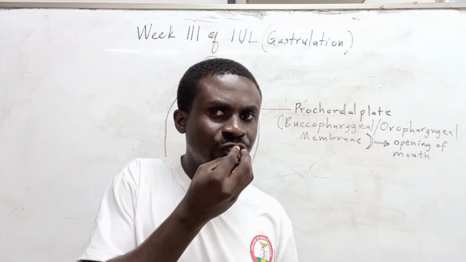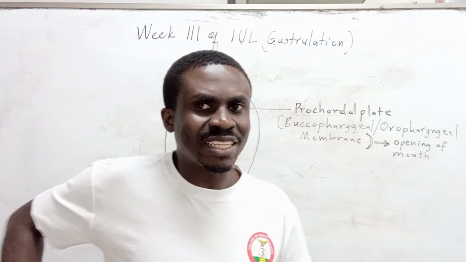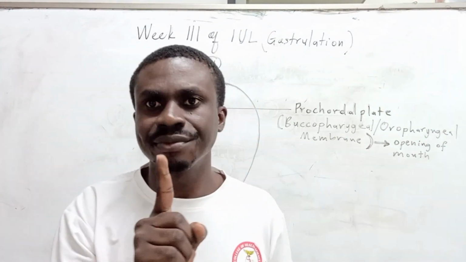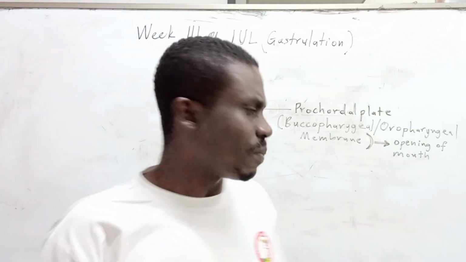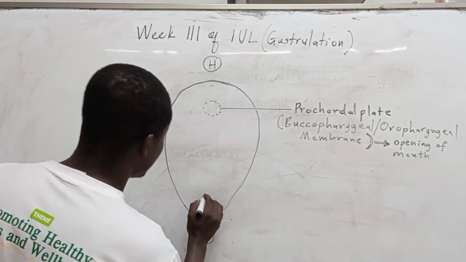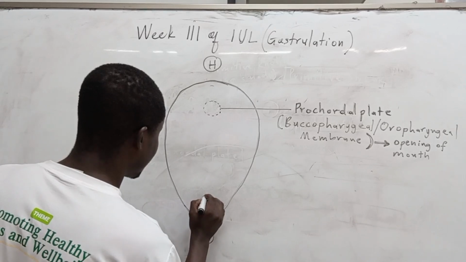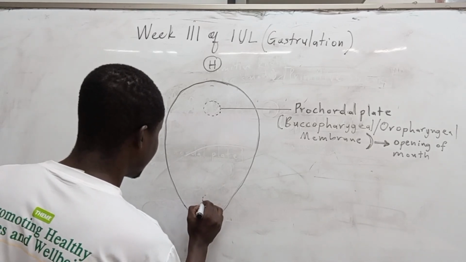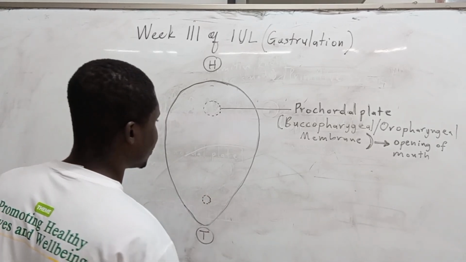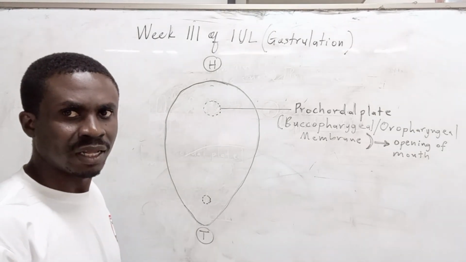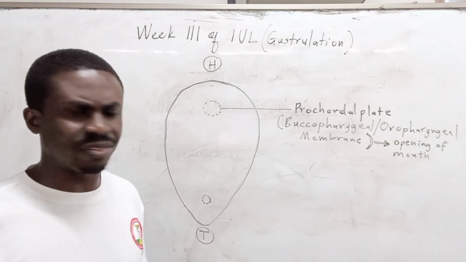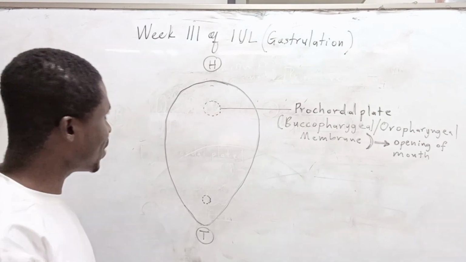Now, if you've seen the future opening of the mouth over here, then it means that at the caudal end we have another opening. And my friends, that opening will be a bit smaller compared to the future opening of the mouth. Yes, we know the anal canal opening will be a bit smaller.